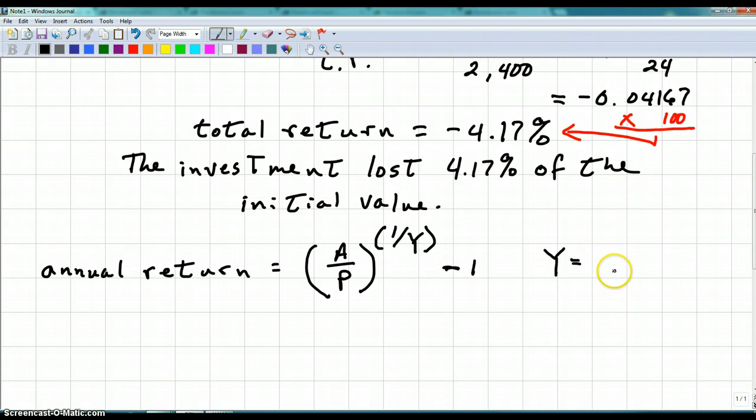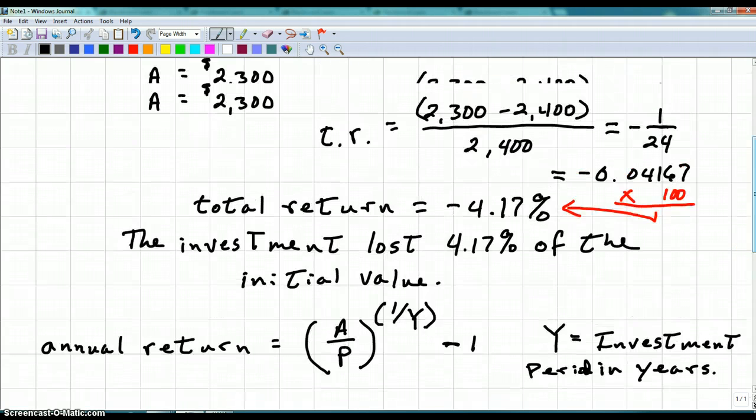And now we need to go ahead and redefine. We already know what A and P are from the previous part of the problem, but we're going to define Y as being the investment period in years. In other words, how long did we do this particular investment?